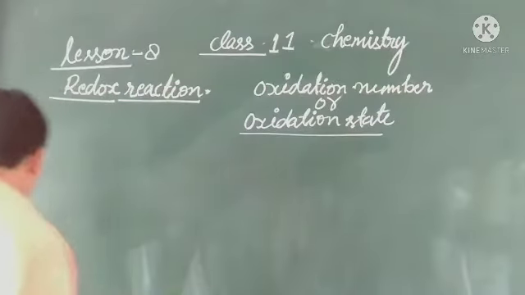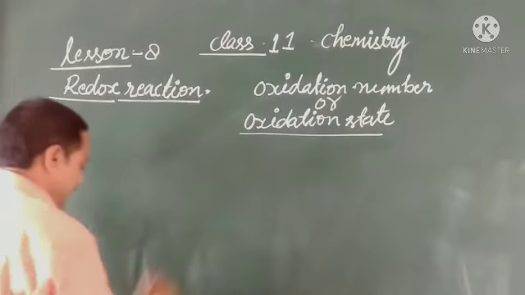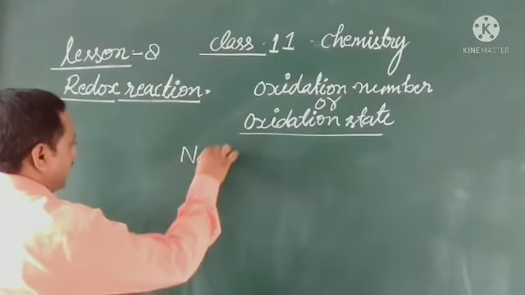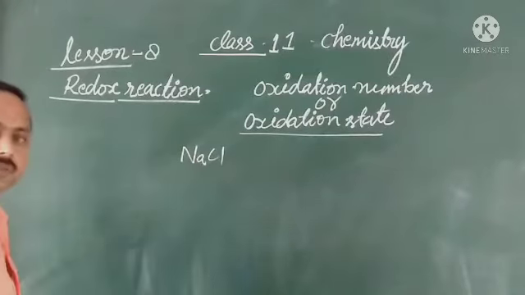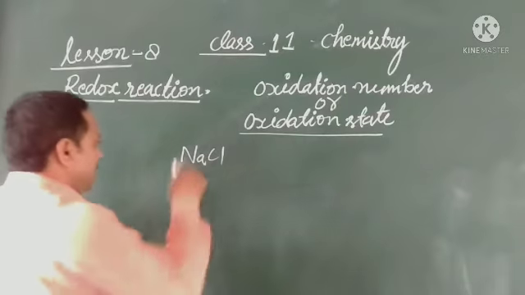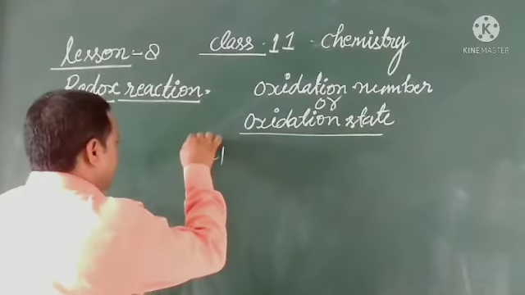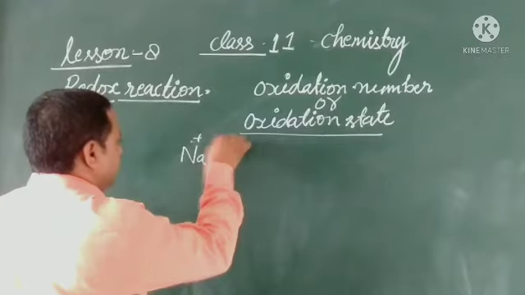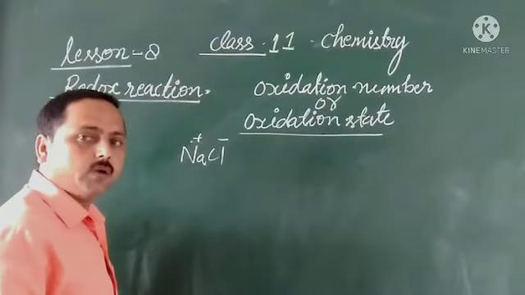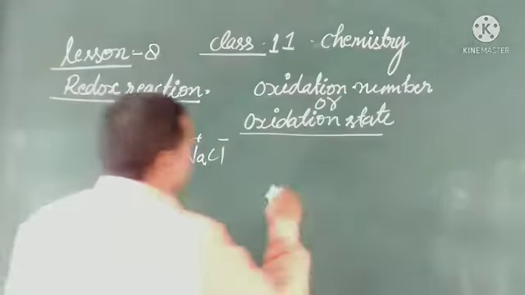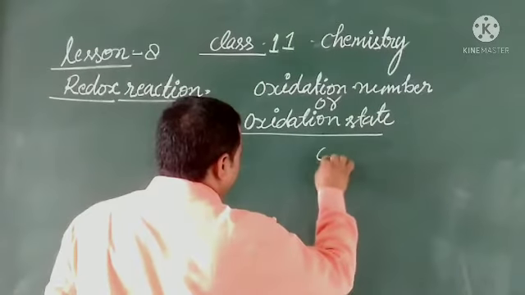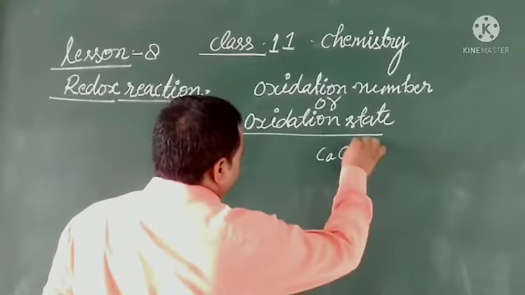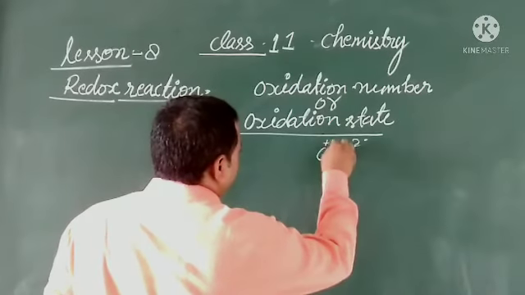First I will take some examples, then I will define it. If I am taking NaCl, you might know that Na has a positive charge and Cl a negative charge. Another compound we studied in class 10 is CaO, with 2 minus and 2 plus charges.